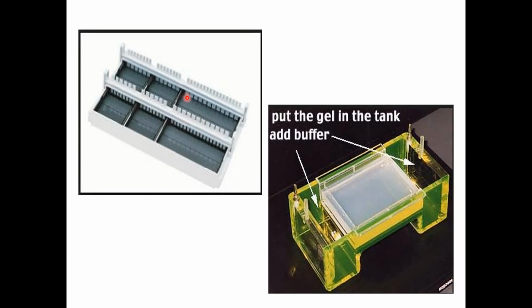The gaps are the measurement for your sample. If you want large fragments, you could use this one; for small fragments, you could use this one. It depends on your preference. After this, it will solidify and the result will be this.